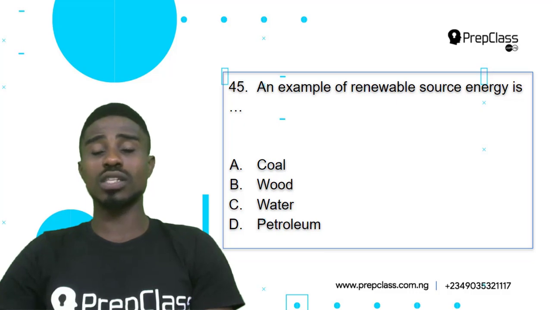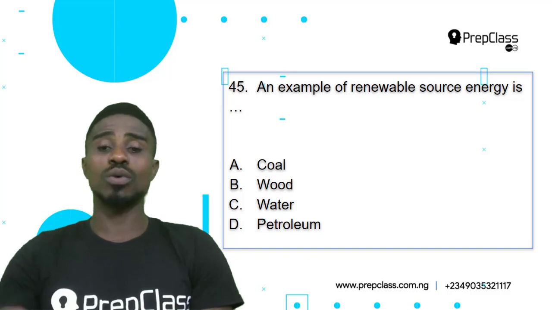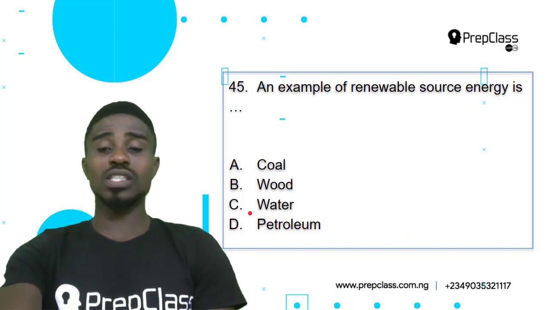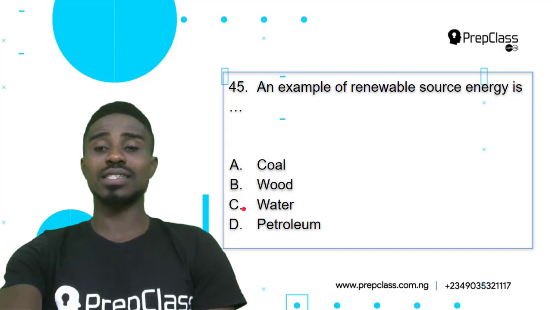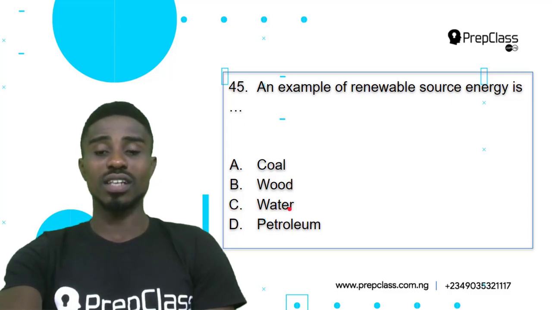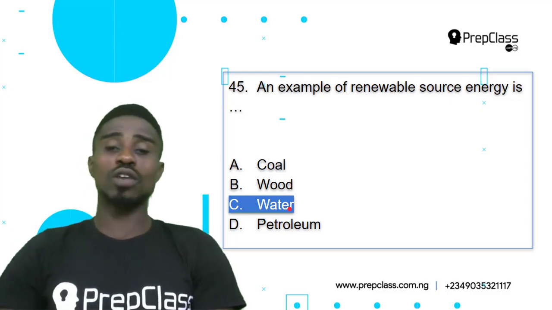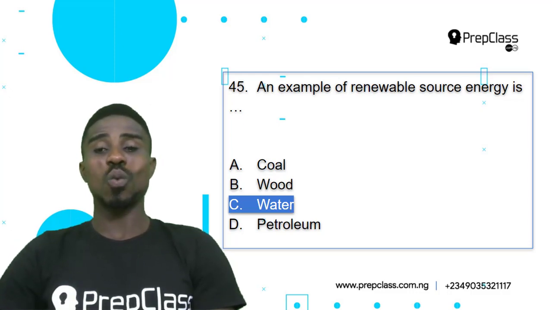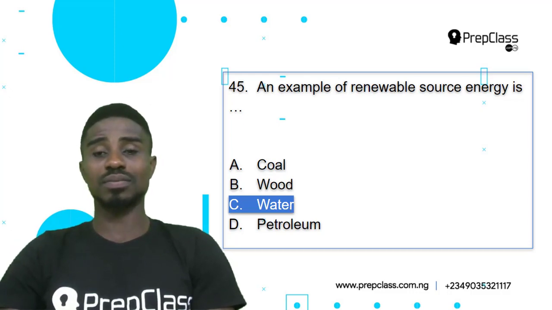It cannot be exhausted. It is always available. And that source of energy that is inexhaustible is water. Water is inexhaustible. And that is an example of a renewable source of energy. Let's check it out. Question 45, option C. Water is our correct answer.